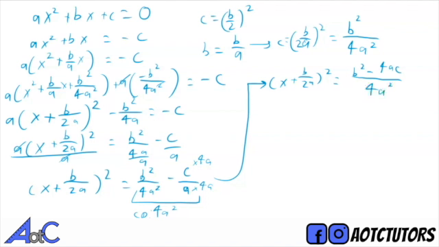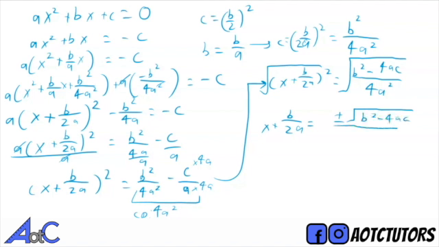All right, now I just got to keep solving for x. So the next thing I would do from here is I would square root both sides. Doing that will leave me with x plus b over 2a, and that's going to equal, I just got to remember that when I'm square rooting and solving, I need to plus minus the other side. So if I do a plus minus here, the top will just be the square root of b squared minus 4ac. And then the bottom, if I square root that, will just be 2a.